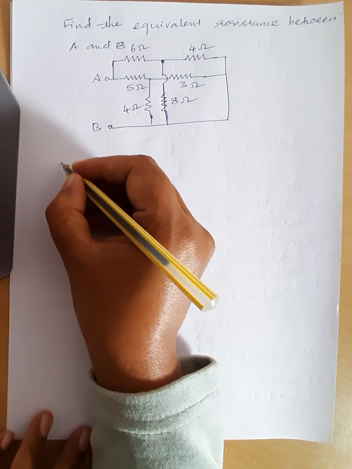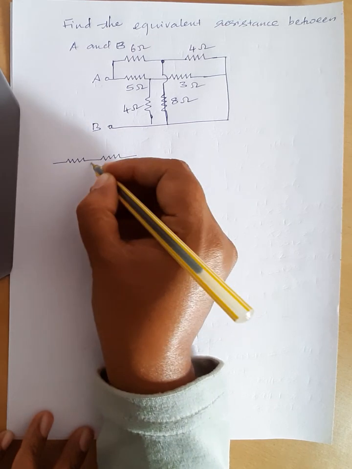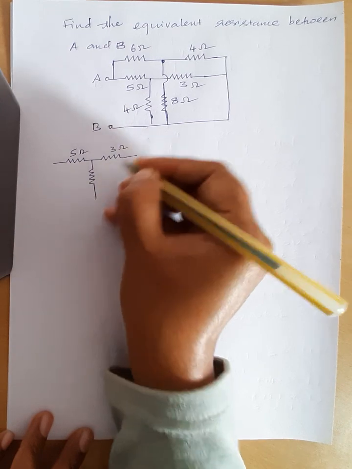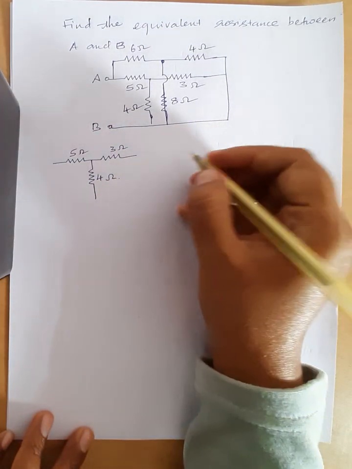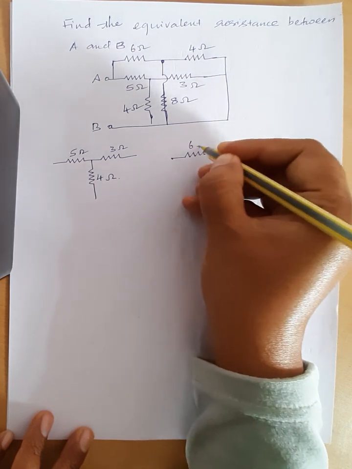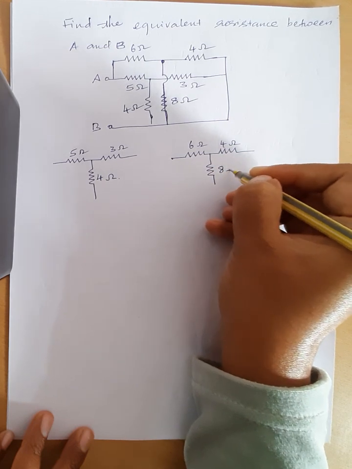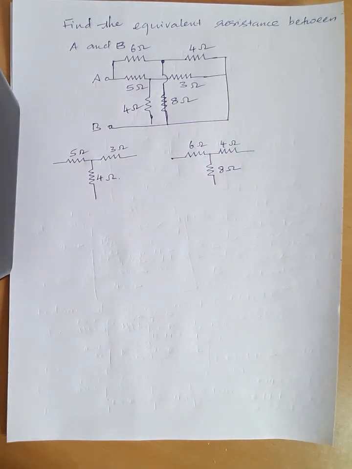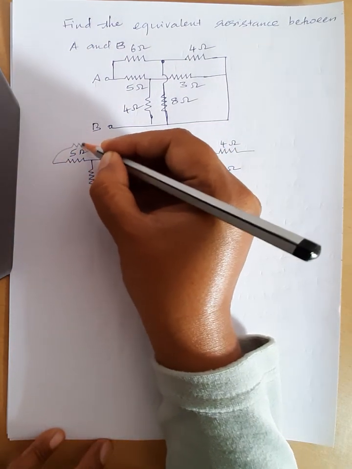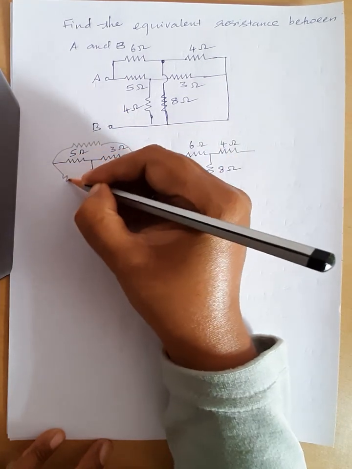One network is 5 ohms, 3 ohms and 4 ohms. And another network is a star network, 6 ohm, 4 ohm and 8 ohms. Now for this star network that you have identified from the circuit, build one delta network.